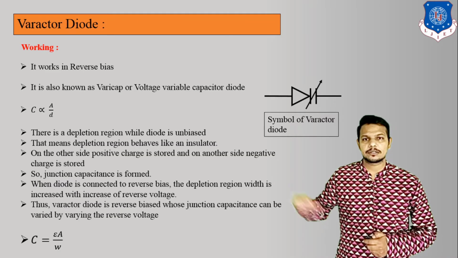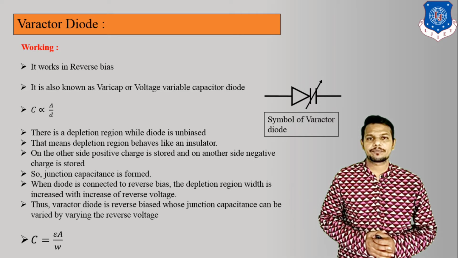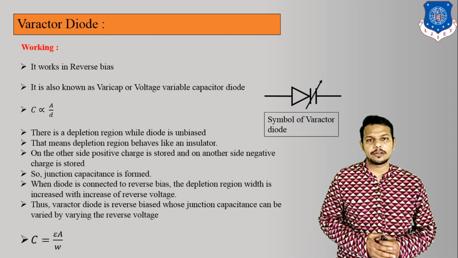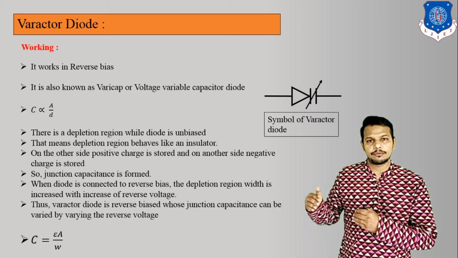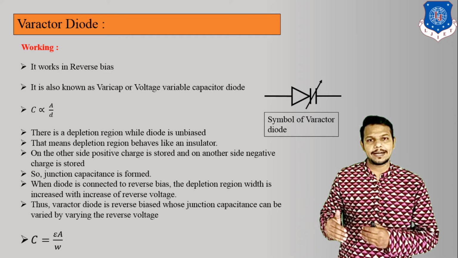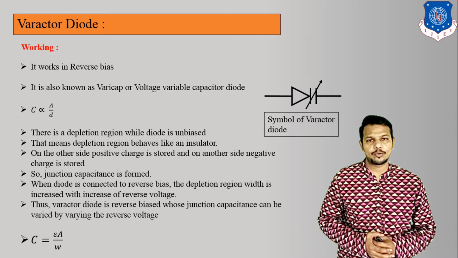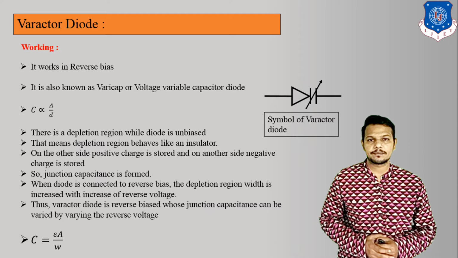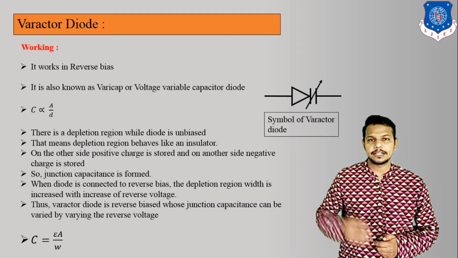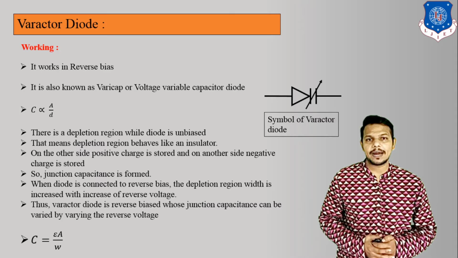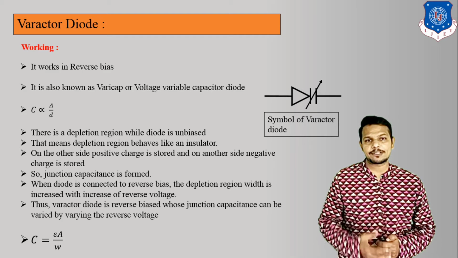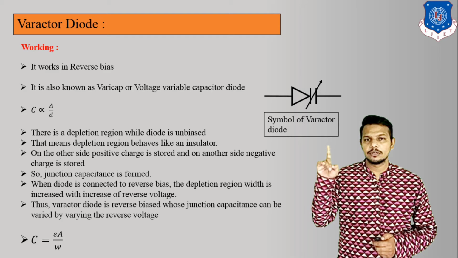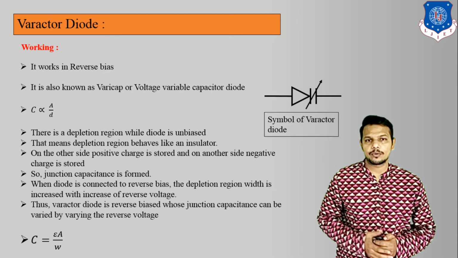The next special purpose diode is the Varactor diode. The Varactor diode is different from these two, the LED and the Zener diode. Why? Because it works only in reverse bias. It is also known as Varicap and voltage variable capacitor diode. This is the symbol of the Varactor diode.